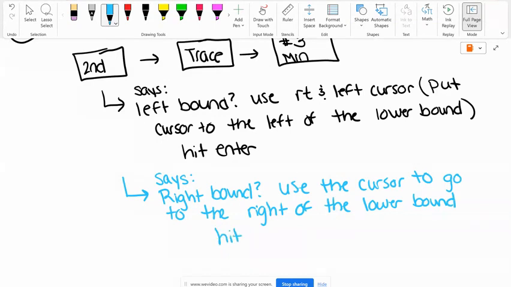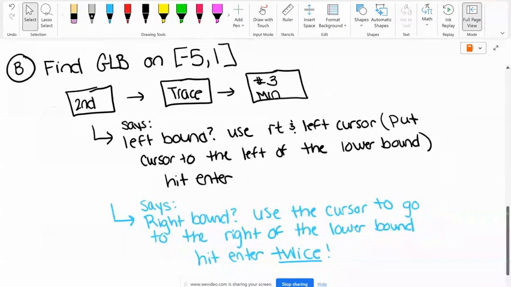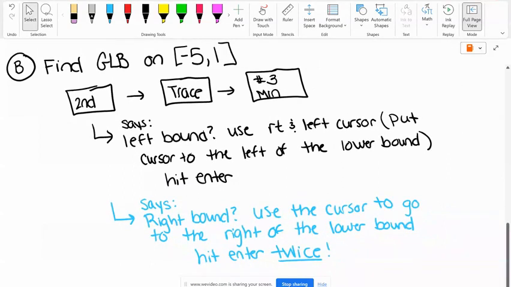And then we're going to hit enter. And then I'm going to say hit enter twice. Okay. You're probably still copying this. Finish copying this, and then I'll show you how to do this on the calculator.